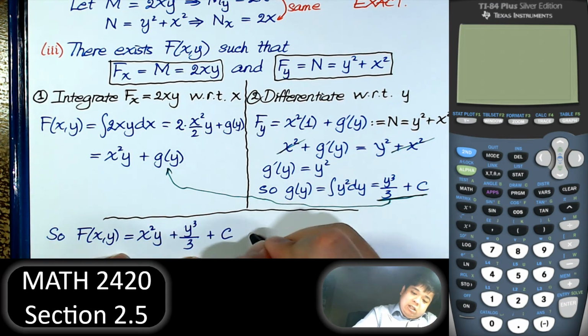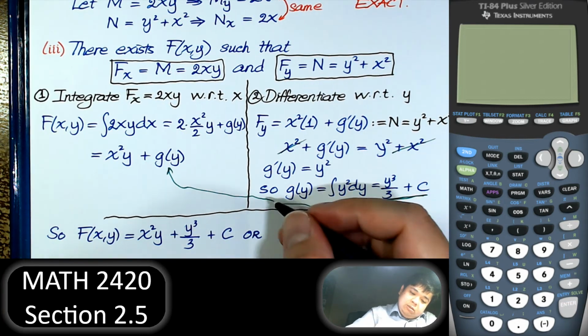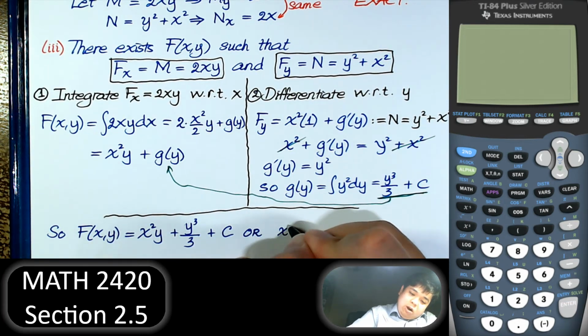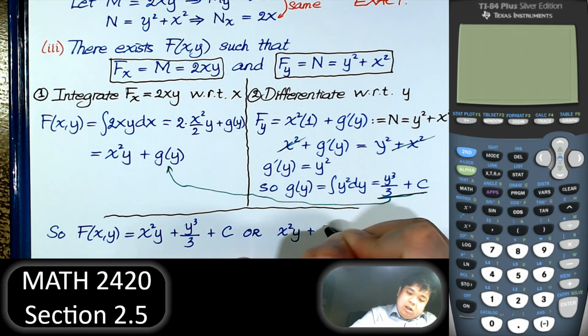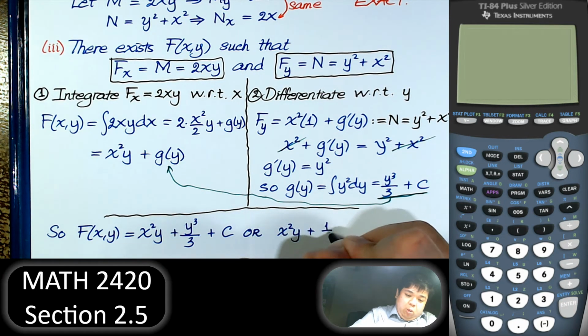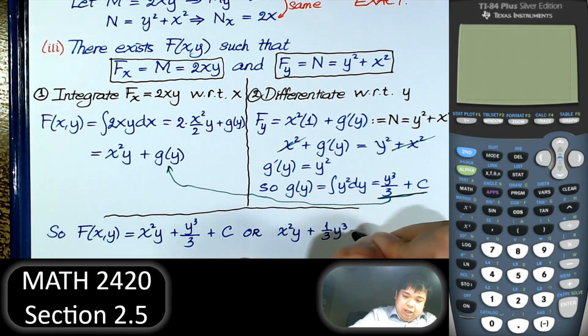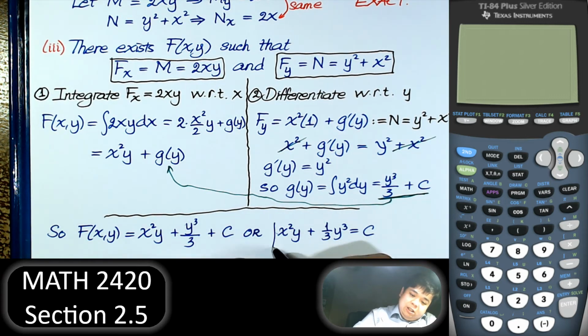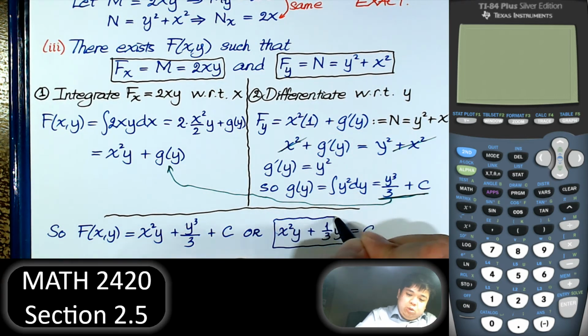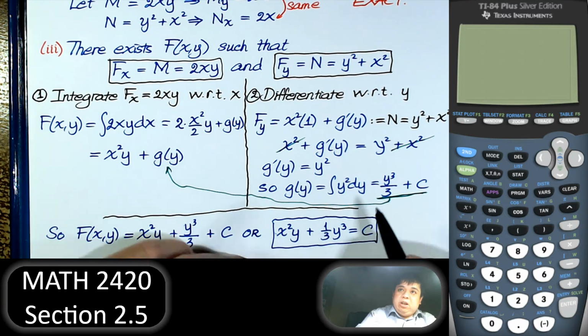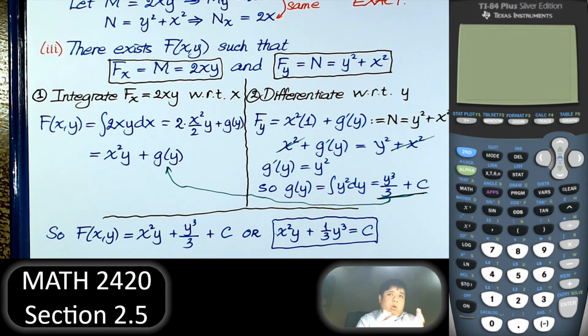Or we can write x squared y plus y cubed over 3 equals c. The solution we should write as an implicit equation because there's no function f of x,y. We don't want to introduce some other function in terms of x,y like that. But this is the solution.